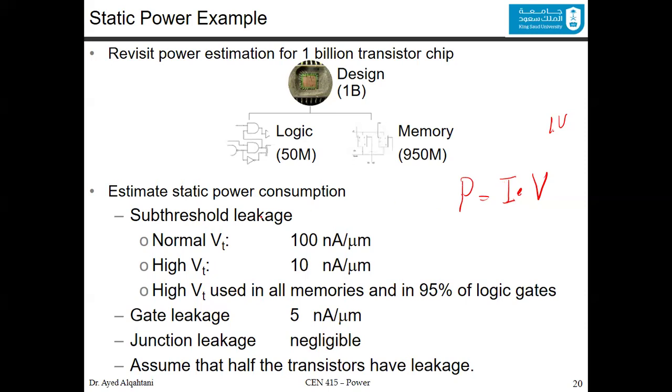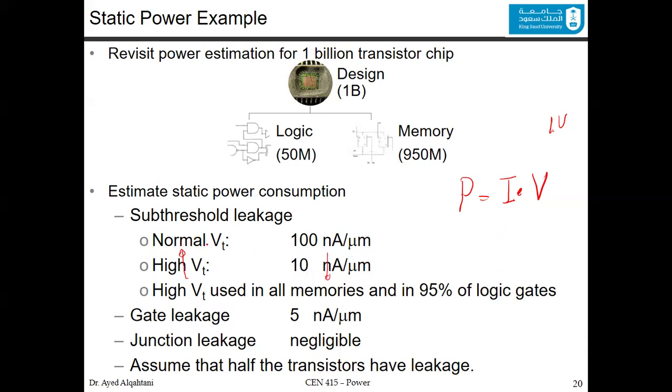So in the subthreshold leakage, we have broken it down into two parts, the normal V threshold and the high V threshold. If you have a high V threshold, you will have a low current, which is 10 nanoampere per micrometer.